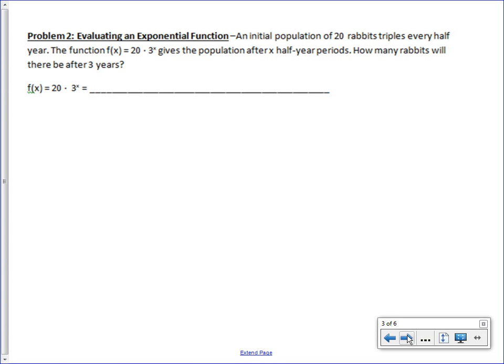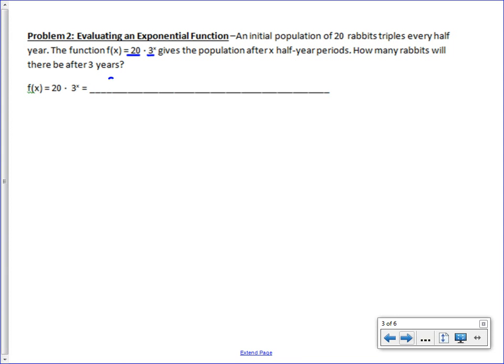All right, well, all we have to do here, they have already given us the function. Notice that we're starting with 20 rabbits. That's our initial multiplier. It's tripling every half year, so we have a growth factor of 3, and x represents the number of half-year periods.